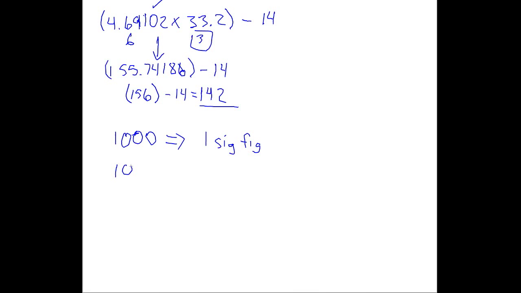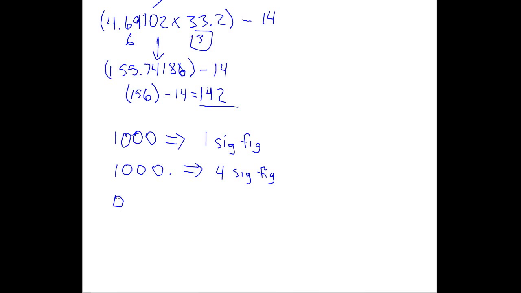Now, what if I went 1,000 with a decimal? That number would have 4 sig figs. Zeros that are after a decimal count as significant as long as they have an integer before them.